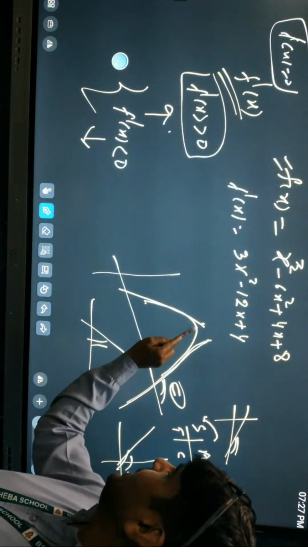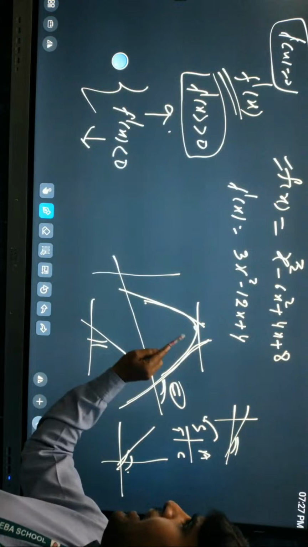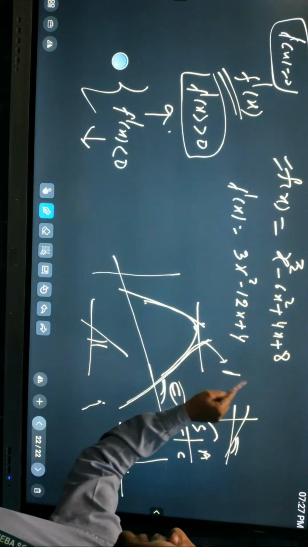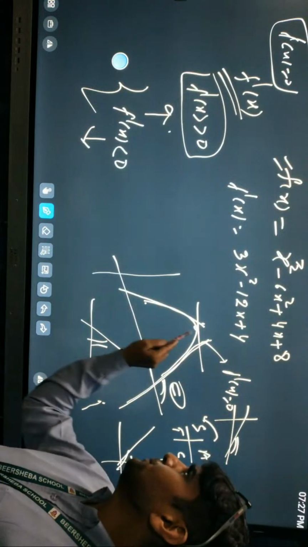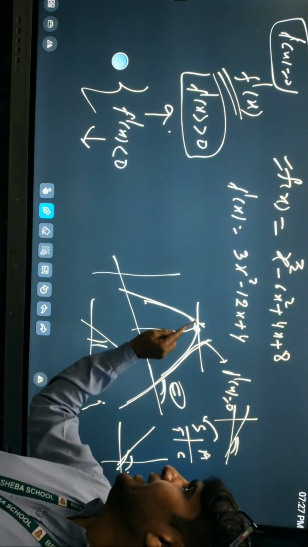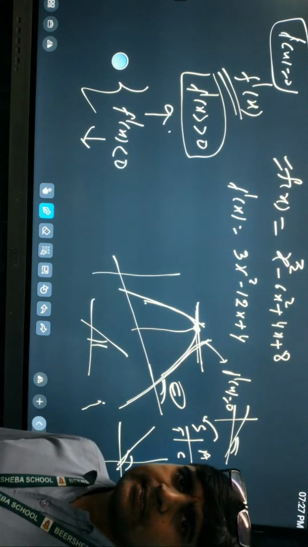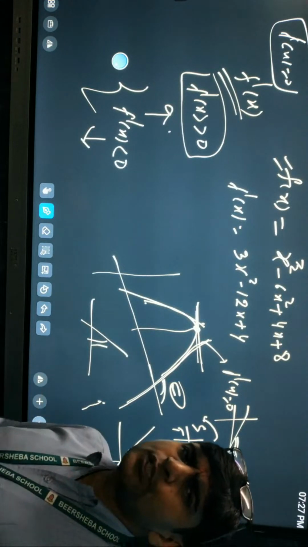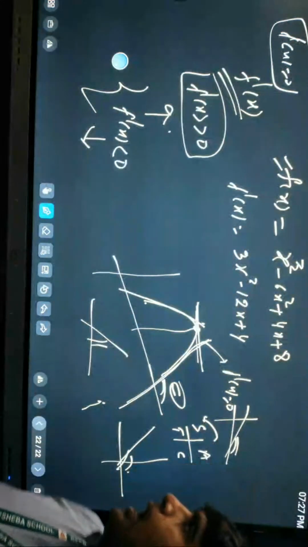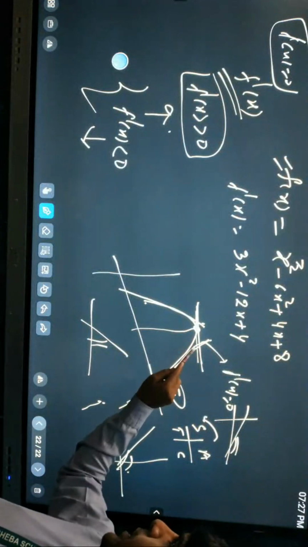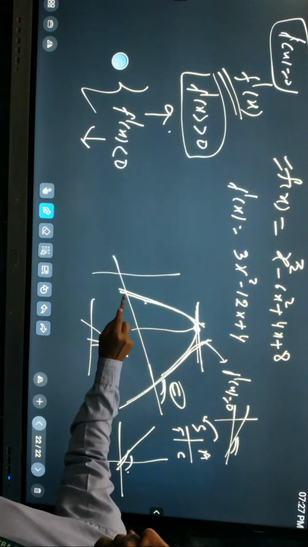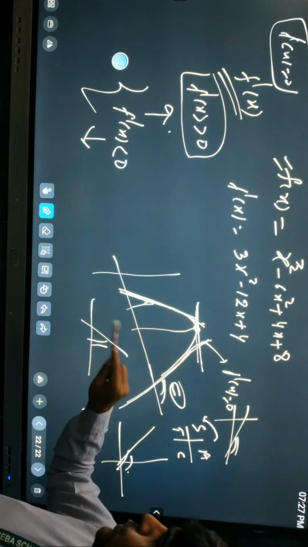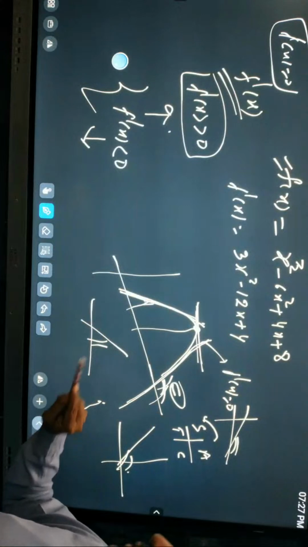But at that point, the derivative of my function is equal to 0. At this point, the line is parallel to the x-axis, it means the derivative of the function is 0. After going from here to here, we go from positive slope to negative slope.